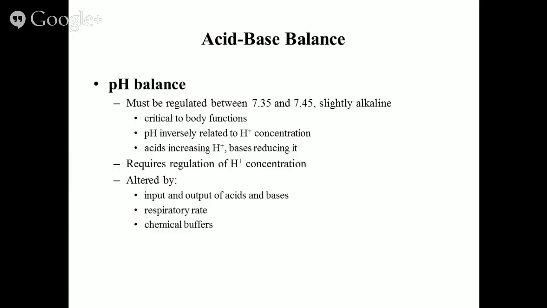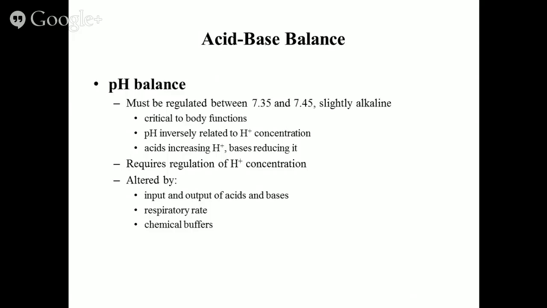So when you say that something's more acidic, what you're telling me is that that solution, that bucket of whatever it is, has a pretty high concentration of hydrogen ions in it.